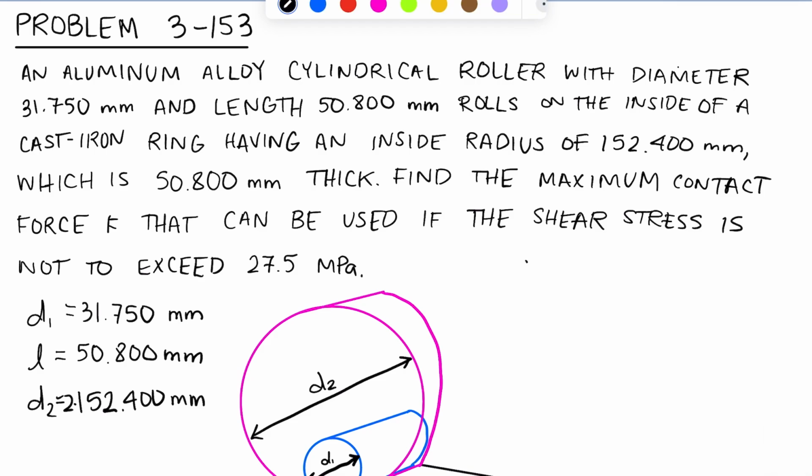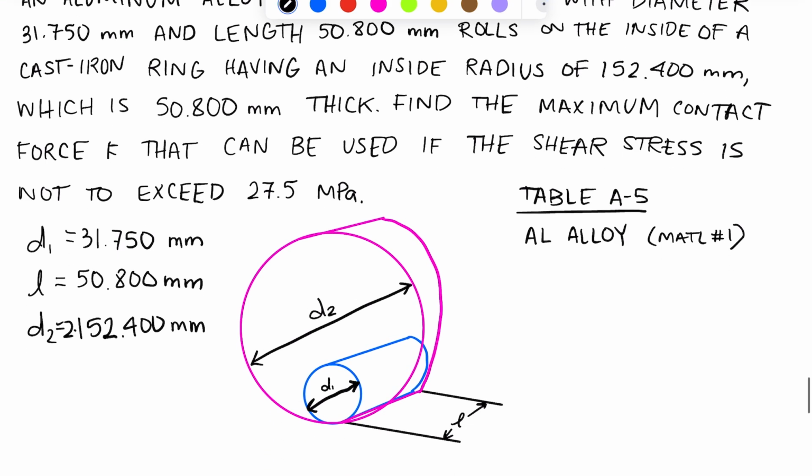So you can find this information in the back of your textbook in table A-5 for the aluminum alloy, which is material 1. This is our blue roller. The Young's modulus of aluminum is given in that table as 71.7 gigapascals, and the Poisson's ratio is given as 0.333.